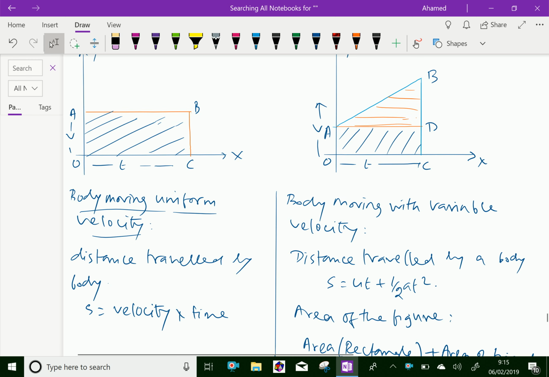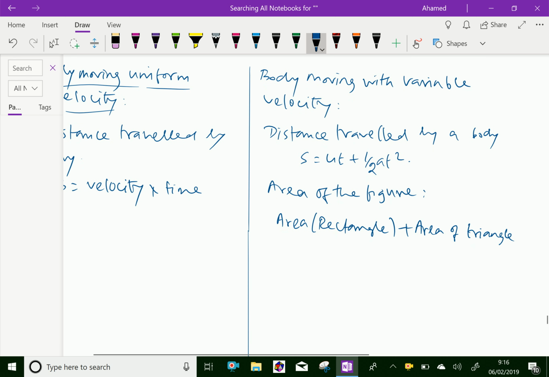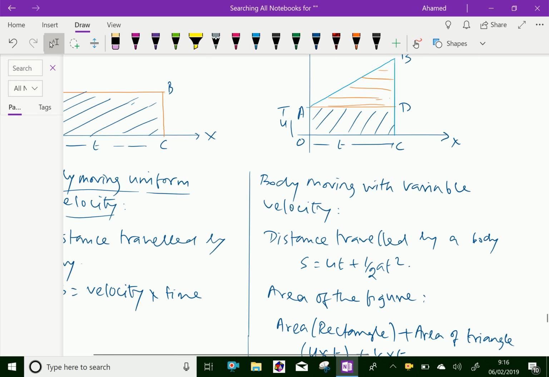From here to here, this is U, we keep this as U. Now the rectangle area is U into t, plus the area of the triangle, which is half into t into at.